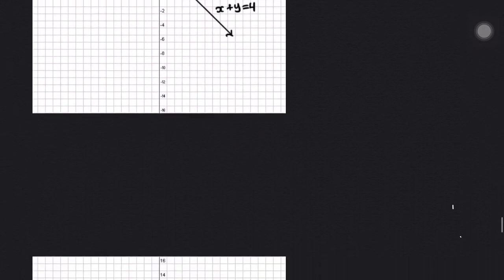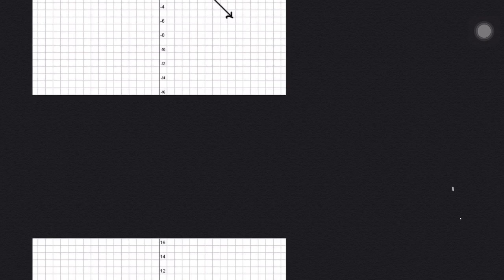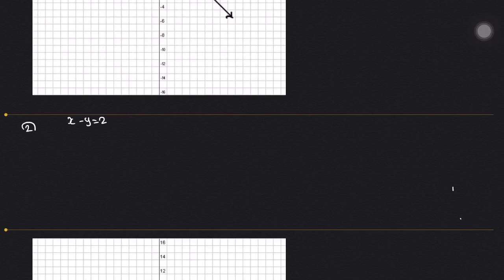Question number 2, x minus y is equal to 2. Now first, I take y to the other side. So y is equal to x minus 2.